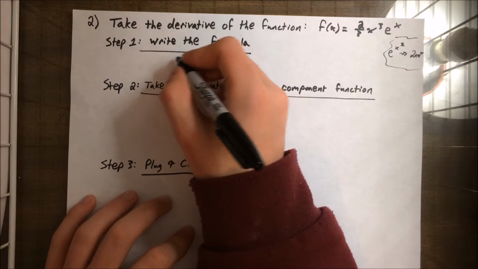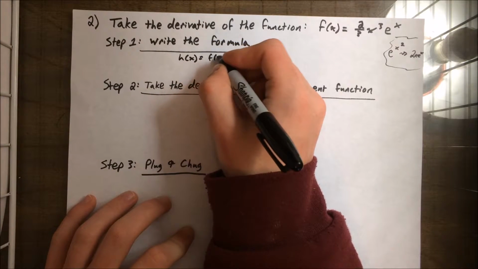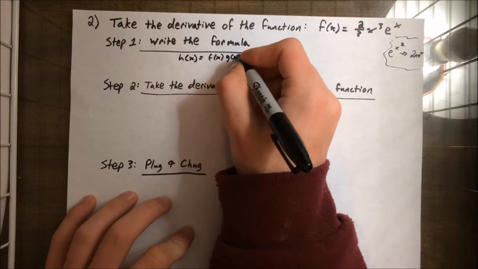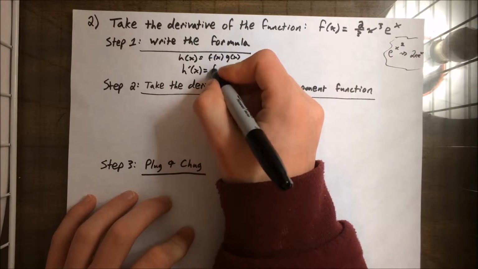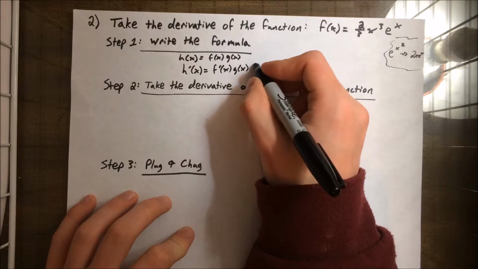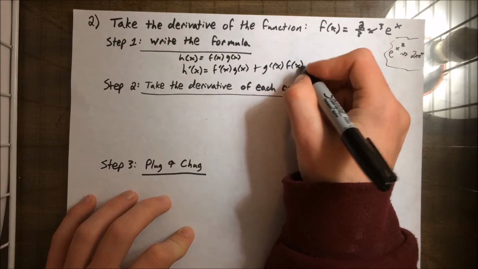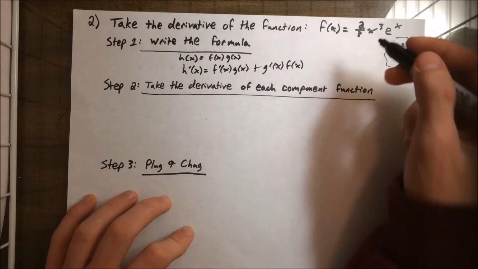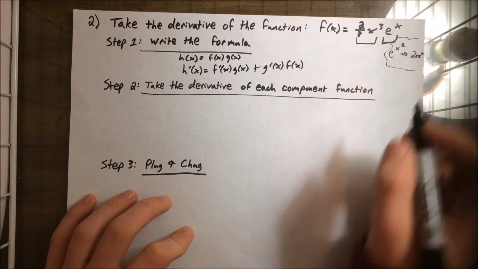So let's see here, h of x is equal to f of x times g of x. So h prime of x is equal to f prime of x g of x plus g prime of x f of x. Alright, so let's take the derivative of each component function. So that's component, that's component.